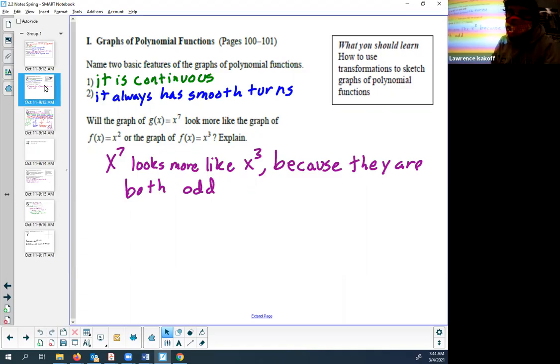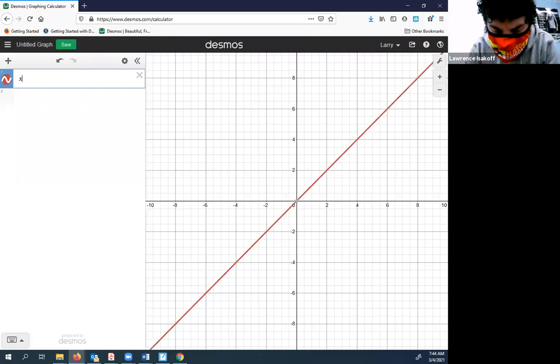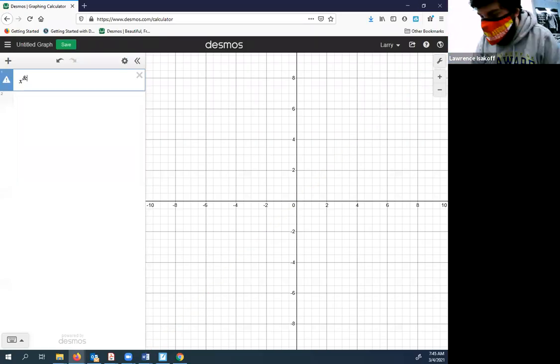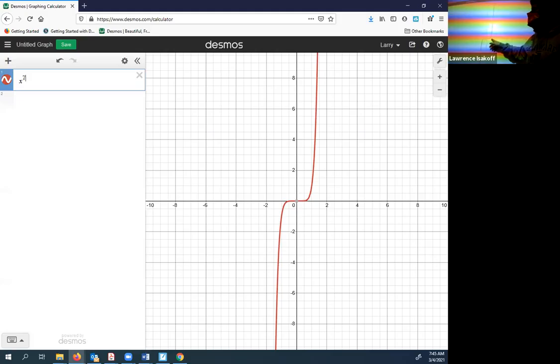So if I look at this graphically, I have x to the 7th. And from what I remember from a cubic, yeah, this looks more like a cubic function than a quadratic.